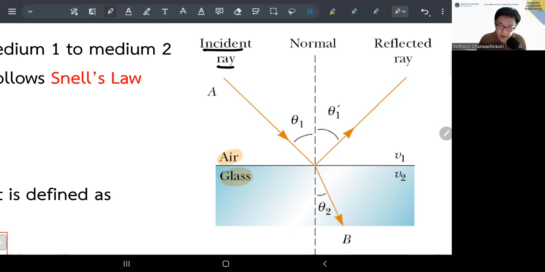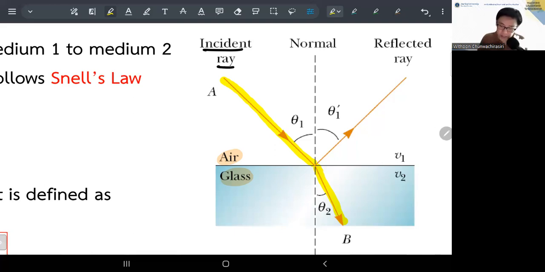So when the light travels from one medium and there is a change in the medium, the refraction will happen. Refraction is like a bending. It's bent, it takes a little bit of a turn. It might turn left, turn right, doesn't matter, but we're going to talk about what law governs which direction it is going to turn. But every time light changes the medium at the boundary, there will be a refraction going on.